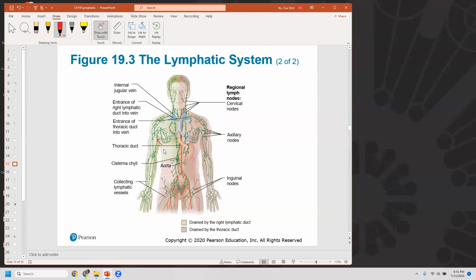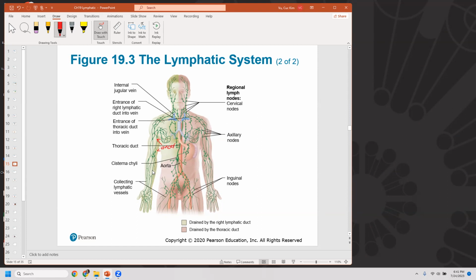I mean, both are bad, but lymph is really bad. Cancer. Okay, so metastatic cancer can spread through the bloodstream if it has access to the bloodstream, and through lymph.